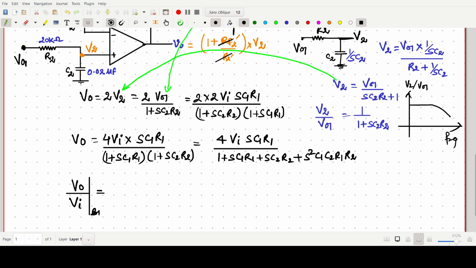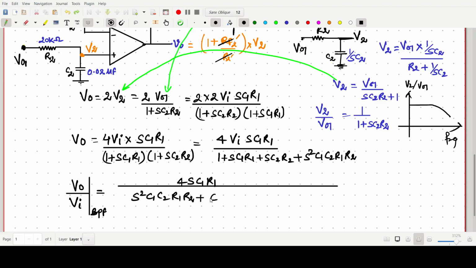This is nothing but simply the transfer function for the band pass filter: 4 times SC1 R1 upon S square C1 C2 R1 R2 plus, taking S common, S times C1 R1 plus C2 R2, plus 1.